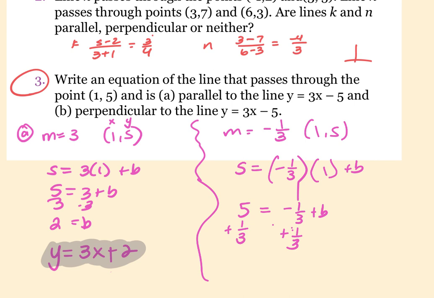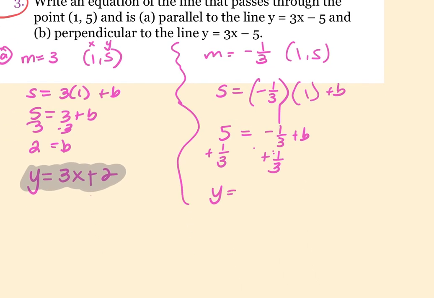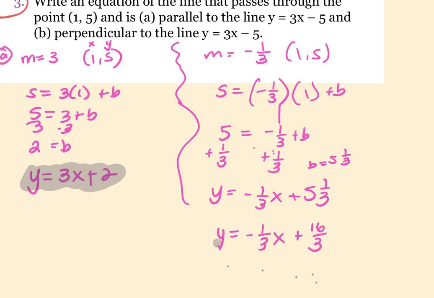So b is 5 1/3, okay? If this is an open-ended question on your test and you want to keep it as a mixed number, you totally can. So it would be y equals negative 1/3 x plus 5 1/3. If it's a multiple choice question, then you also have to know that it might be written as an improper fraction, 16 over 3.